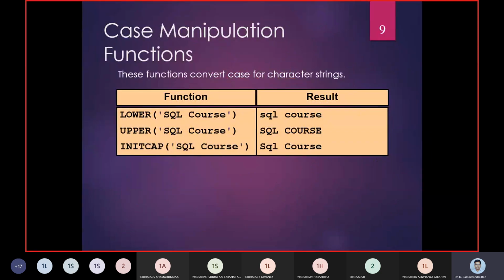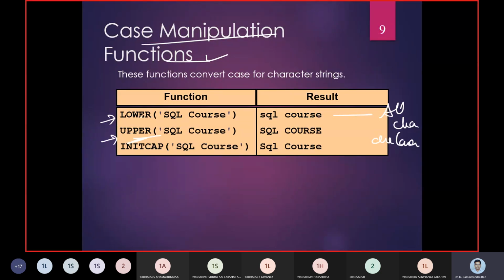So first of all, let us see the case manipulation functions here. Now you can see 'SQL course', and now you mention it as lower here. So now you can see all characters are lower at this point.